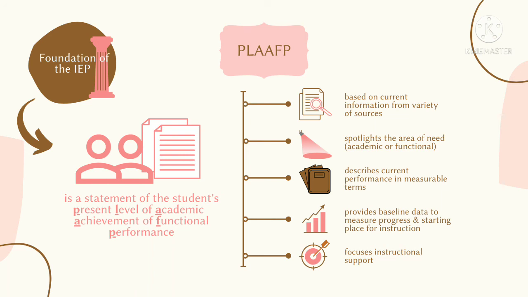It is based on current information from a variety of sources and spotlights the area of need, whether academic or functional. It describes current performance in measurable terms, provides baseline data to measure progress and a starting place of instruction, and it focuses on the instructional support.